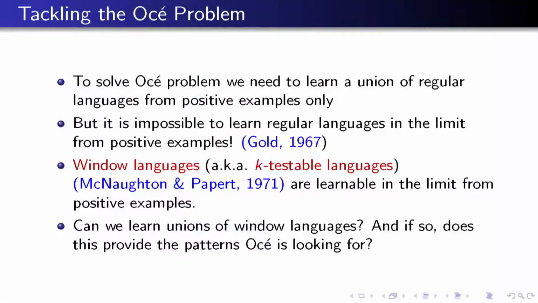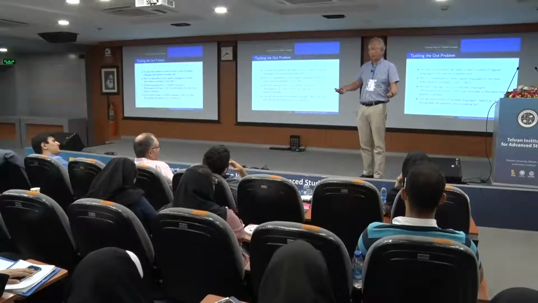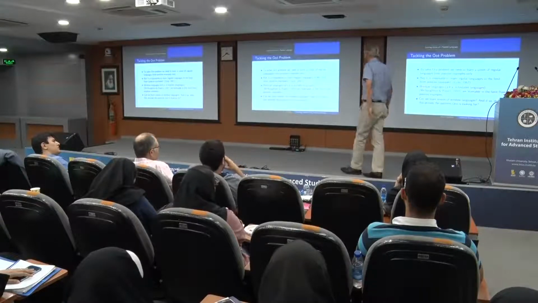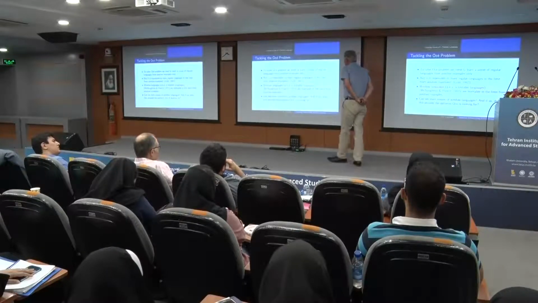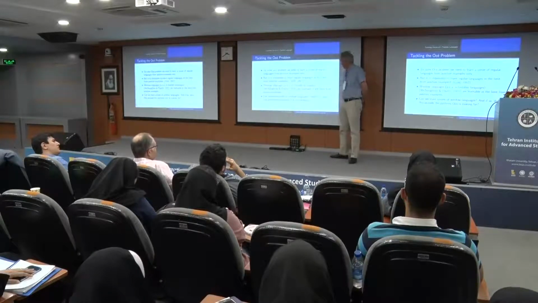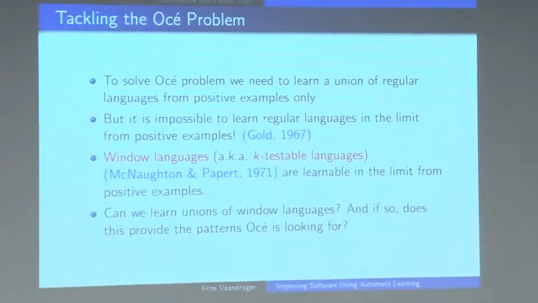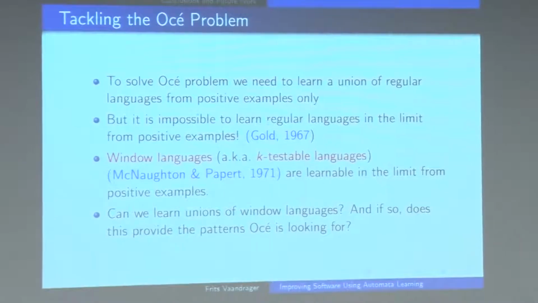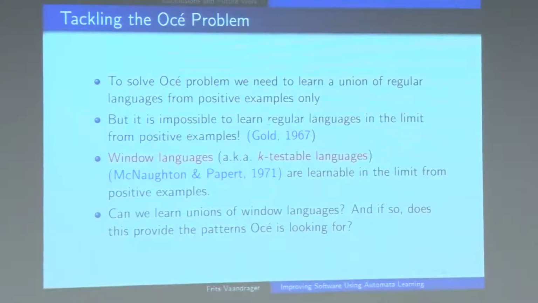We only have patterns that occur, but the printer people are not going to tell us that they don't use certain patterns. So we only have positive examples. So Mark Gold already showed in 1967 that it's not possible to learn regular languages in the limit from positive examples.